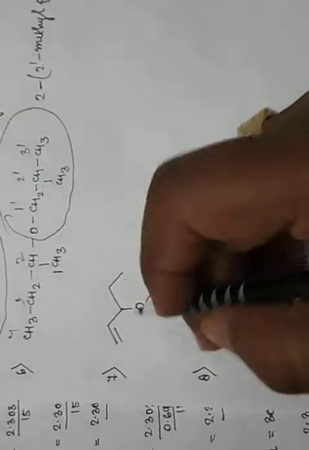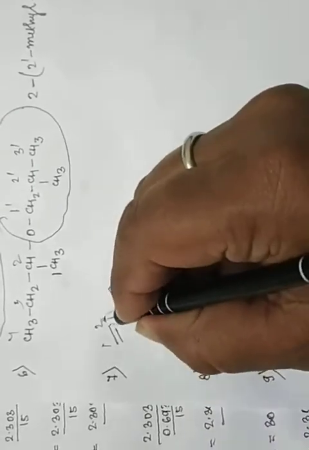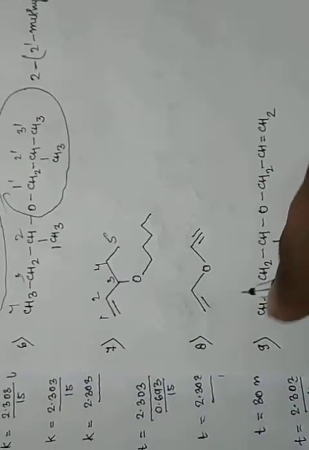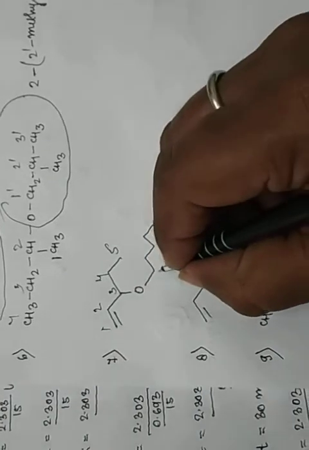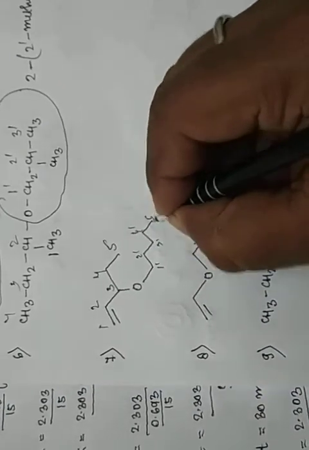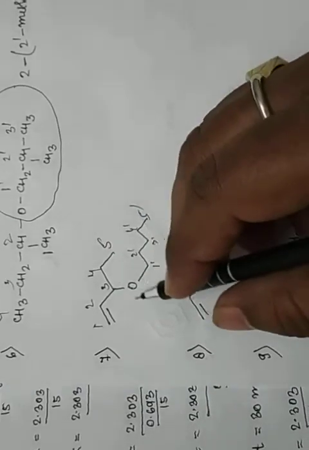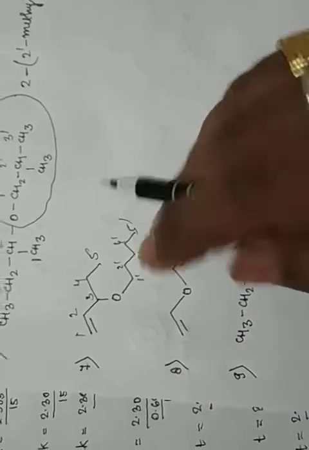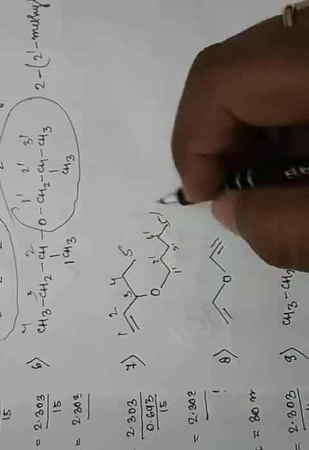Okay, now there's 1, 2, 3, 4, 5. There's a double bond chain, and the priority is first. Again 1 dash, 2 dash, 3 dash, 4 dash, and 5 dash. You know very well the priority of double bond is greater than single bond, so first you consider that side.